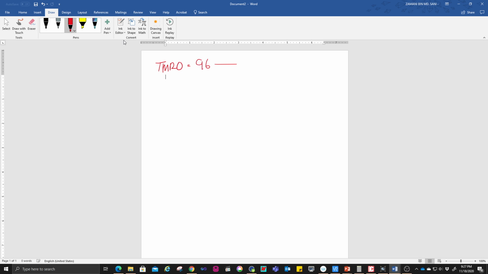So you will count up to 255. So the difference within this period is 255 minus 96, which is equivalent to 159.